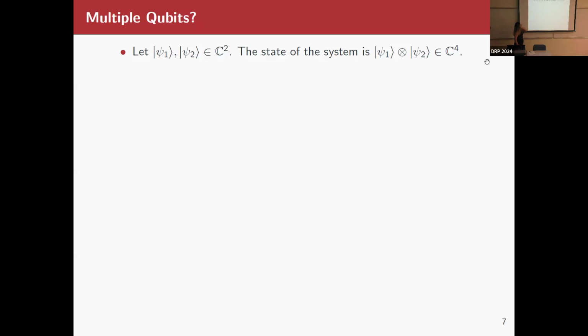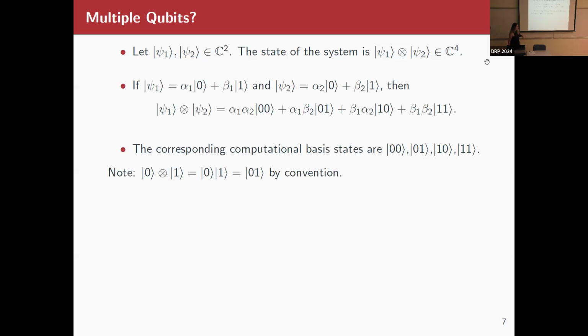Now, multiple qubits. So we have two qubits in the two-qubit system. One of them is psi 1, the other one is psi 2. If we want to find the state of the system, we need to take the tensor product, which gives a 4-dimensional system. Now psi 1 is equal to alpha 1 0 plus beta 1 1, and psi 2 is alpha 2 0 plus beta 2 1.